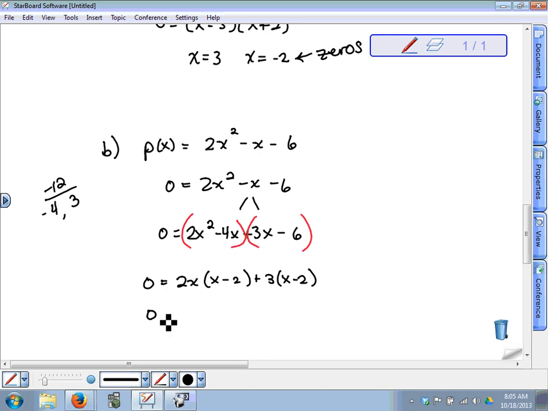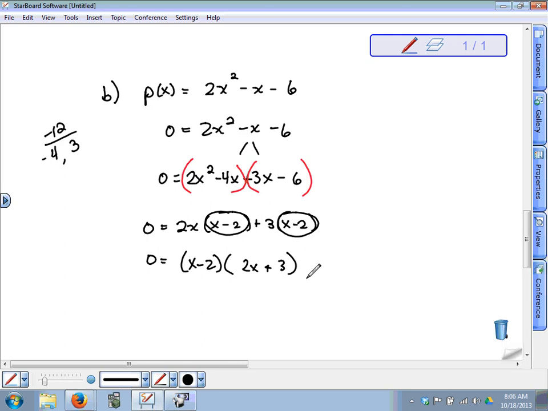Now what? This is not the first time you've seen this method, right? Yeah, because both of these have an x minus 2, you can factor out the x minus 2 as a common factor. So I'm going to factor out the x minus 2 and put it in front of a parenthesis. If the x minus 2's are gone, that's going to leave a 2x and a plus 3.